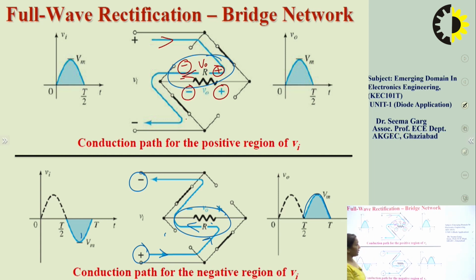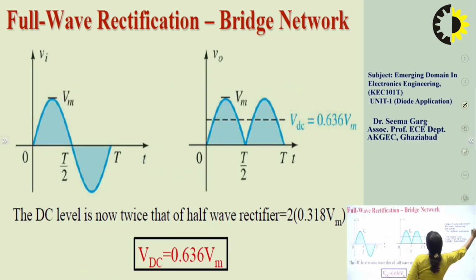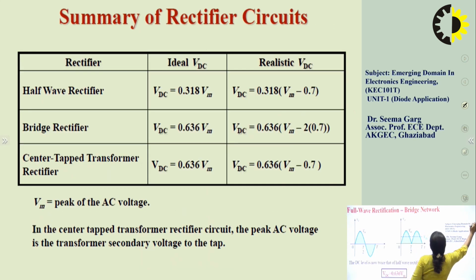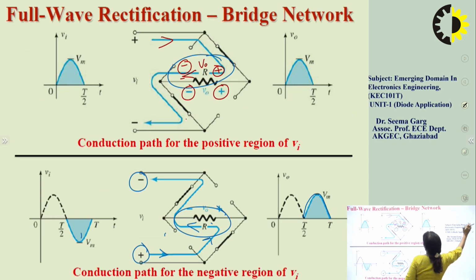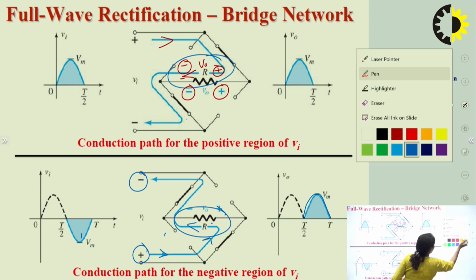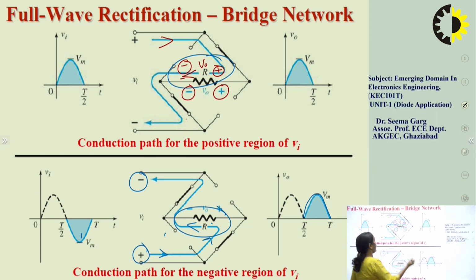Now, this is very important to notice in both the half cycles. Here we can see during the first half cycle, that is the positive half cycle, the voltage which is appearing across this is Vm. And this diode is open circuit and this diode is open circuit, and this is plus and this is minus.